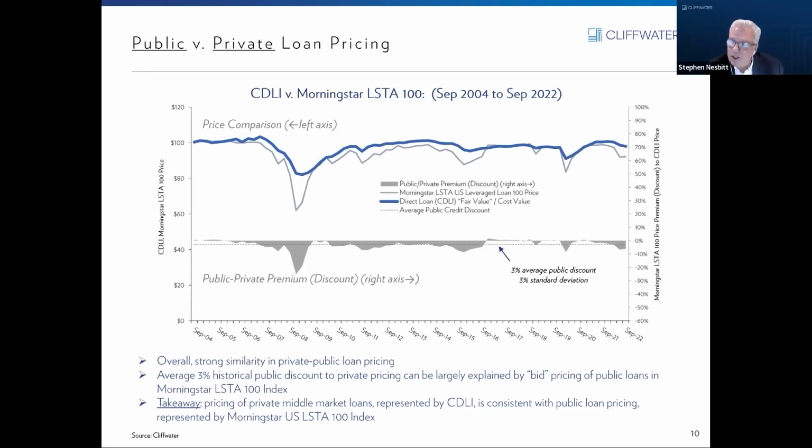And I don't go into it here, but basically the narrowing and widening of these pricing spreads is related to the liquidity discount or liquidity premium that resides in exchange traded loans. That premium goes up, or in other words, the pricing goes down during periods of stress and vice versa.